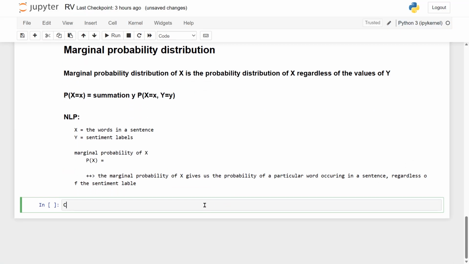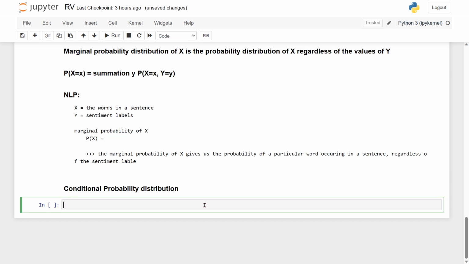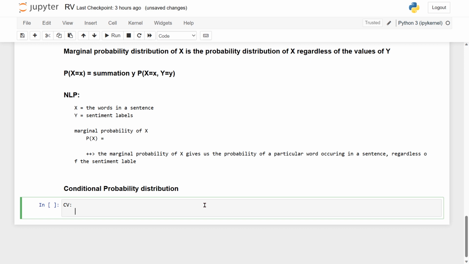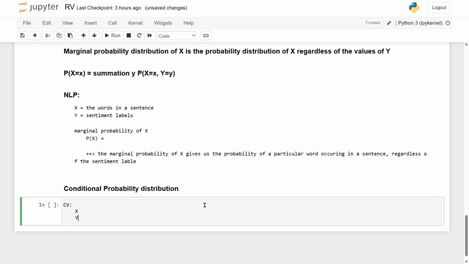So this is a conditional probability distribution. In computer vision, suppose we have a joint probability distribution of two random variables x and y.